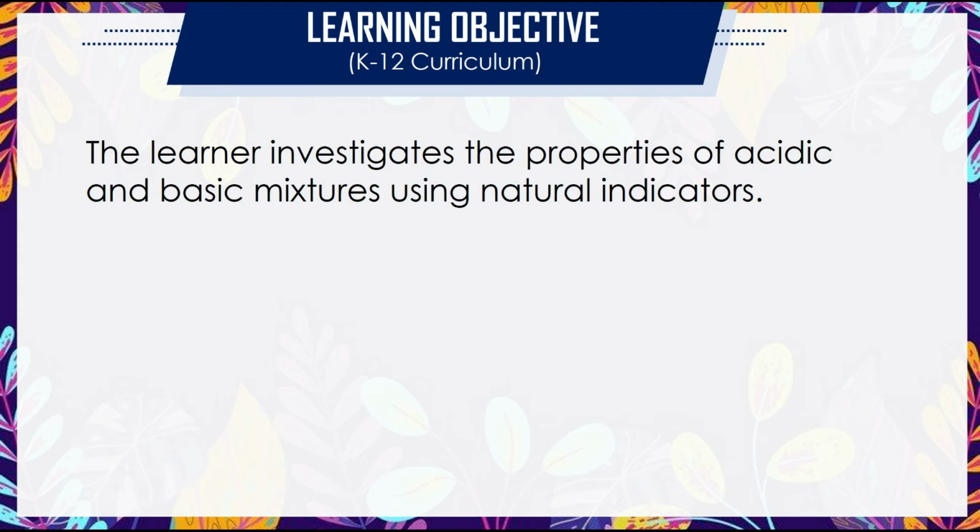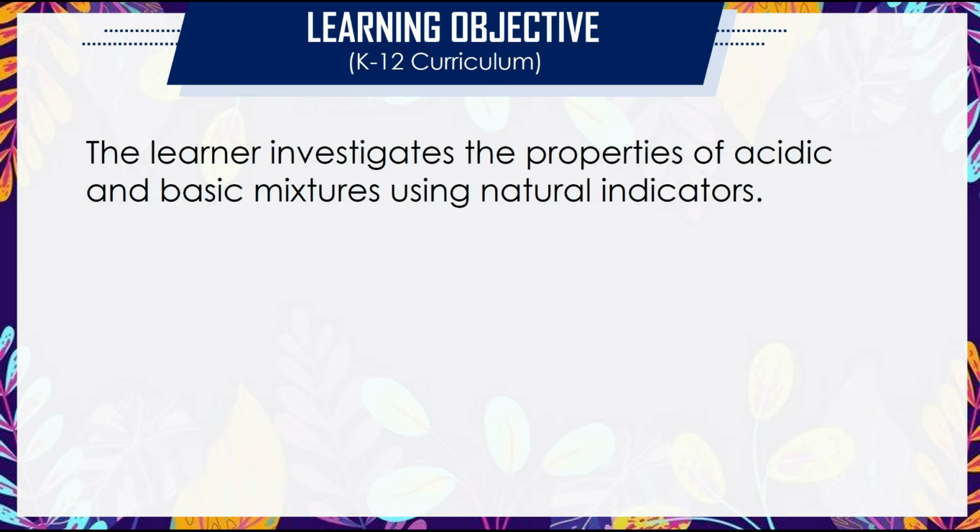But first, let us emphasize the learning objective which is included in the K-12 curriculum. The learner investigates the properties of acidic and basic mixtures using natural indicators. How do we investigate the properties of acidic and basic mixtures?